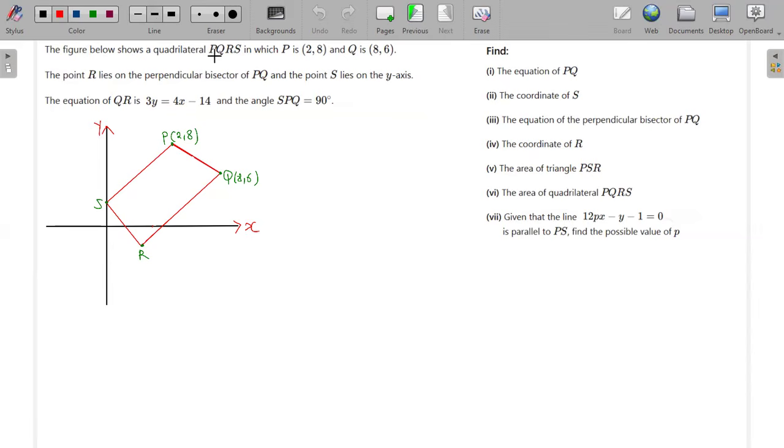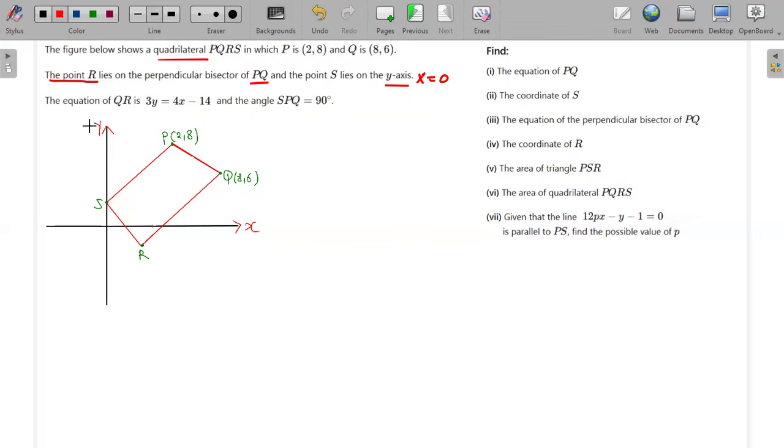They're saying a figure below shows a quadrilateral PQRS in which the point P is (2,8), Q is (8,6). The point R lies on the perpendicular bisector of PQ, and the point S lies on the y-axis. If it lies on the y-axis, it simply means my x there is 0.